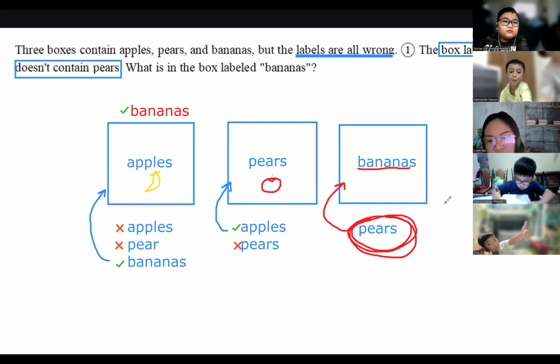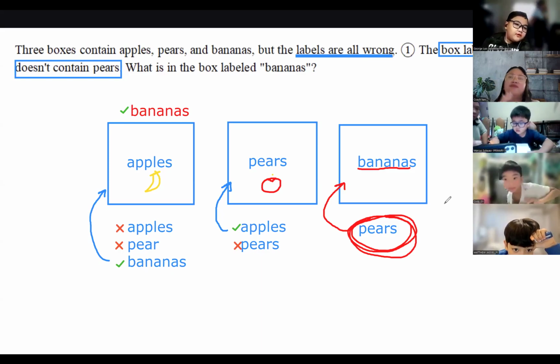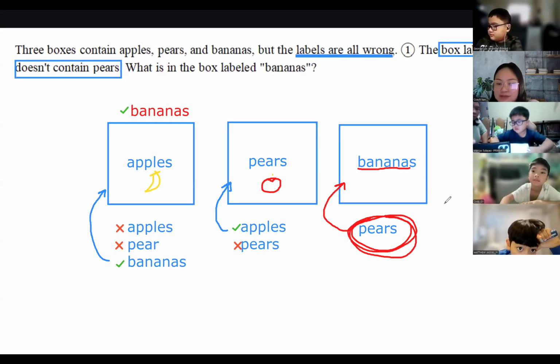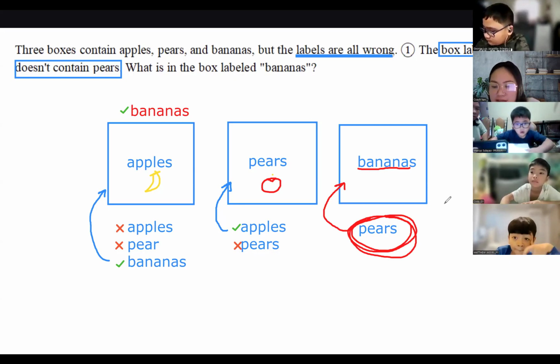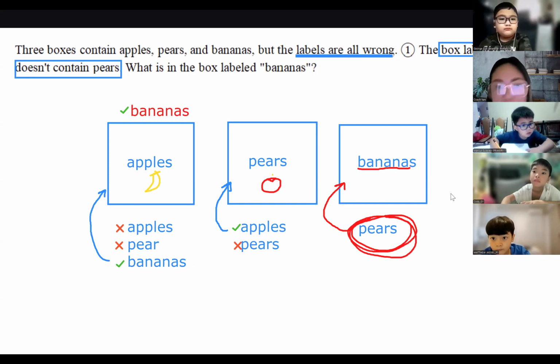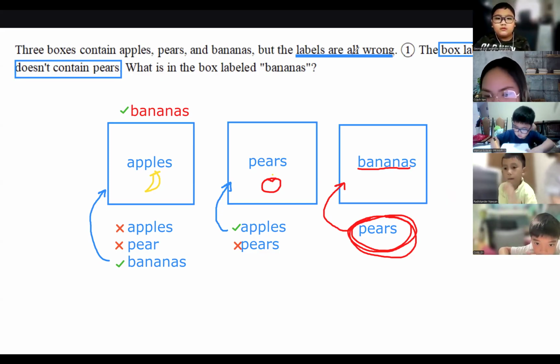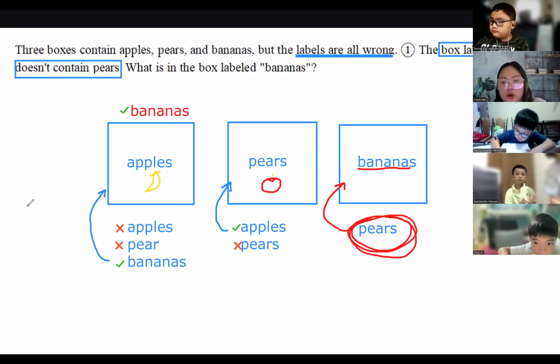You have a question? So, you just remove each time what you know, so that on the last one, you can guess correctly. You have a question? Pears. I cannot hear properly. What did you say? Pears. Okay, very good. George, Louis, do you have a question?